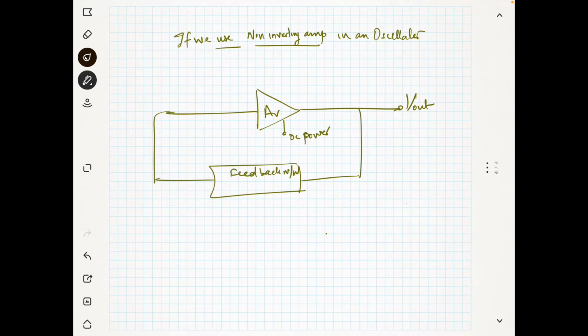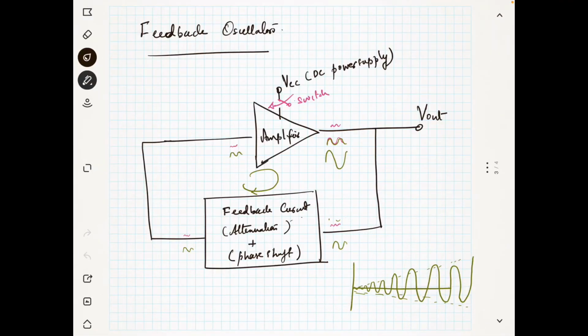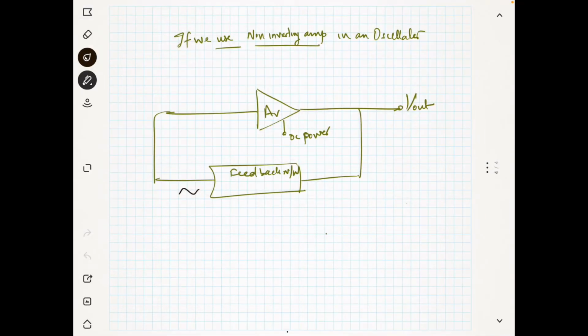Now suppose you have a feedback network producing some output, something like this. As I said in the previous part, when you turn on the switch, there will be some disturbances, and it will get amplified and amplified, and finally at the output you will get a waveform like this. Suppose at the initial stage you turn on the power supply.